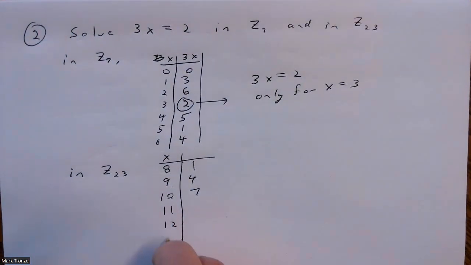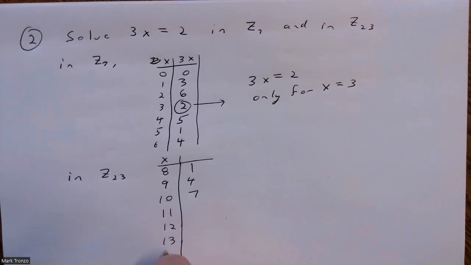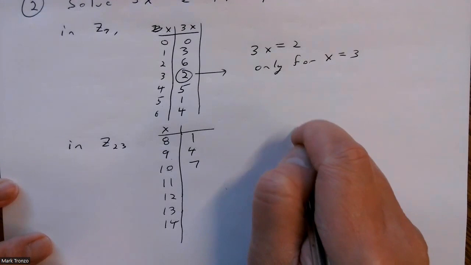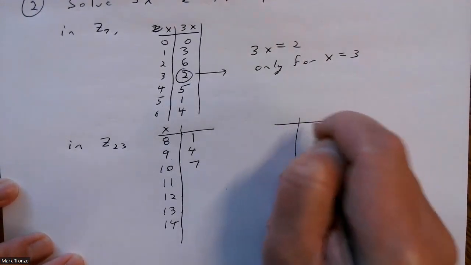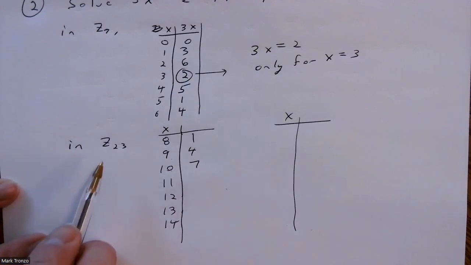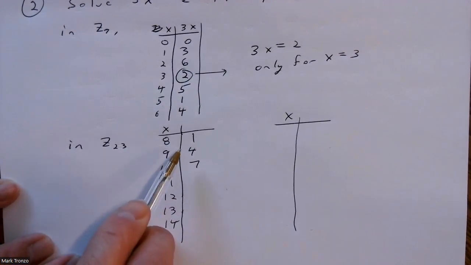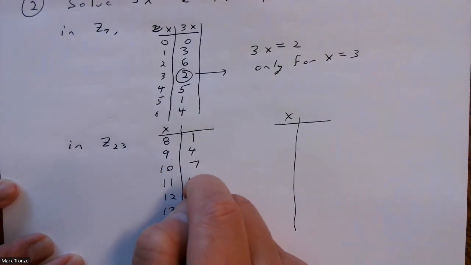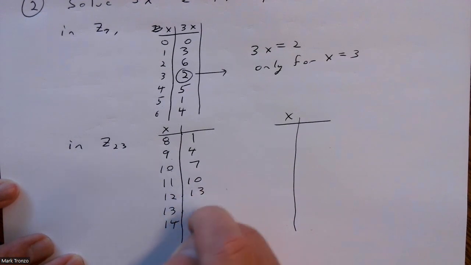It'll keep increasing by 3 every time until we get back up to 23. You could actually multiply them out, each one, just to be sure. Or you can see the pattern, because once you get to 8 and above, the remainder will be 3 added to the previous one.